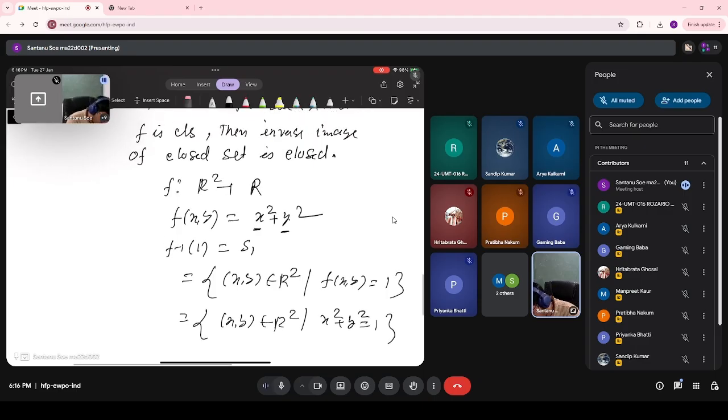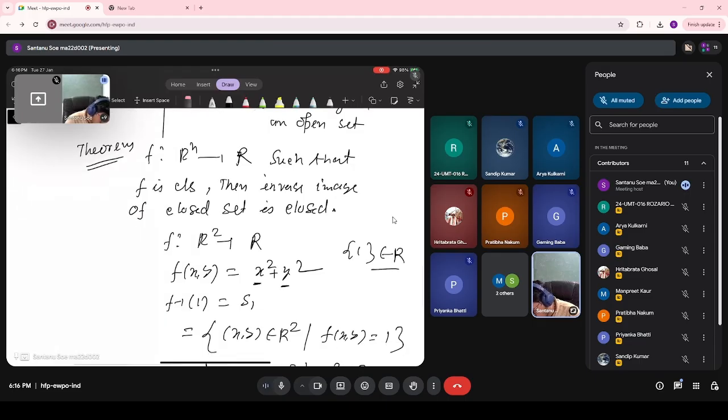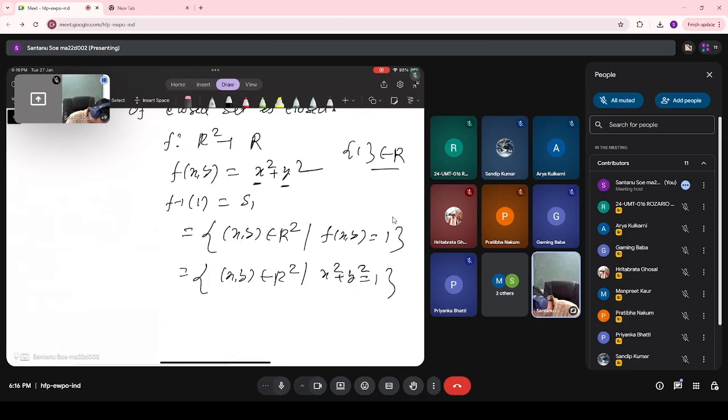Now we all know that the singleton 1 is a closed set in R, correct? So by the above theorem, f inverse of 1 will be a closed set. So this will imply that S1 is a closed set, because f inverse of 1 is nothing but S1.